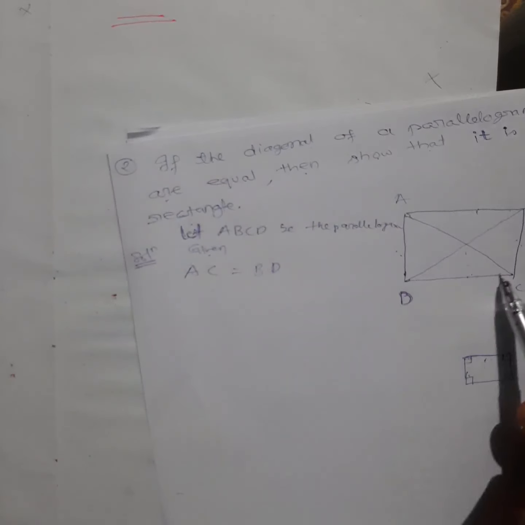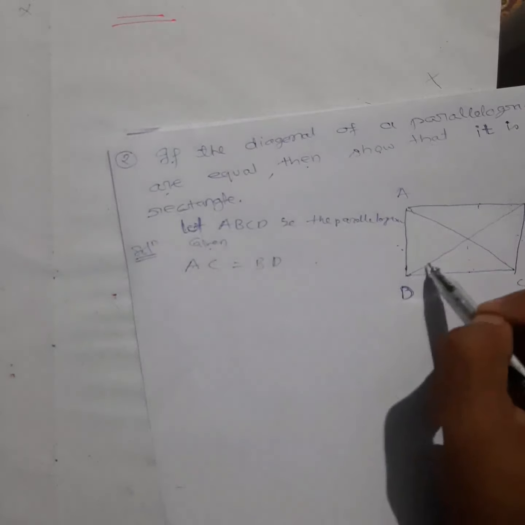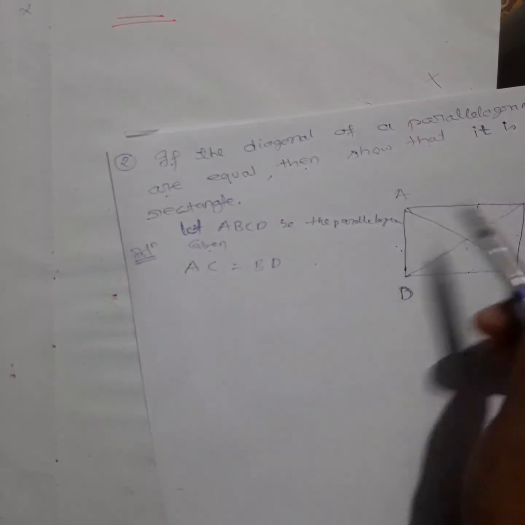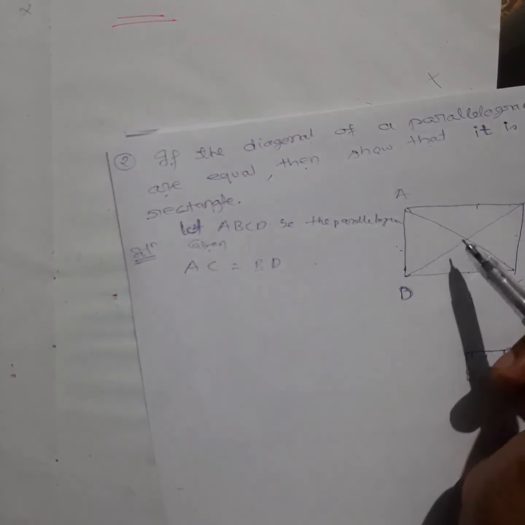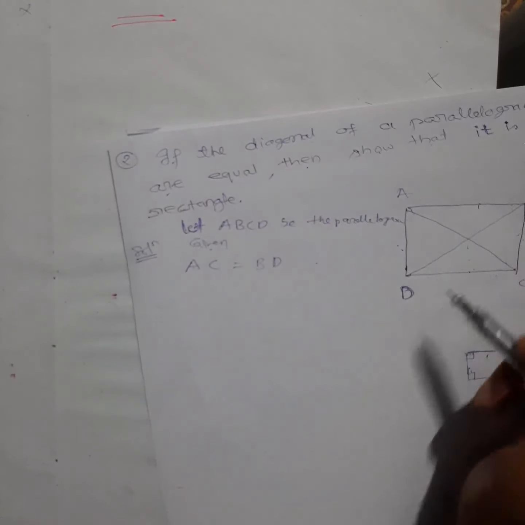So to show this parallelogram is a rectangle, what will you show? Just show that these angles are 90 degrees. If you can show these angles are 90 degrees, your problem is solved. You can say that this parallelogram is a rectangle, because we know that a rectangle is also a parallelogram, and in a rectangle angles are 90 degrees.